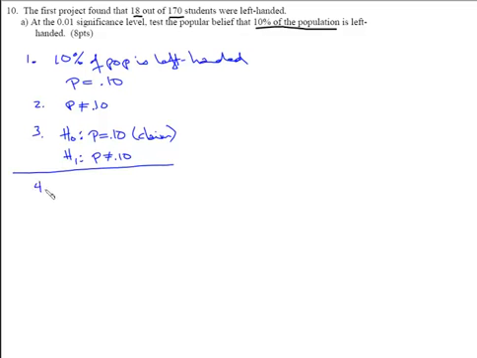So step four, your significance level. Usually it's 0.05. In this case, they want you to be a little bit more precise, 0.01. Your test statistic that you'll be using, we actually won't need this.